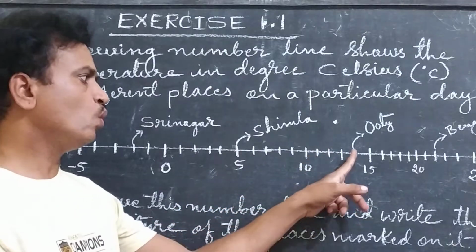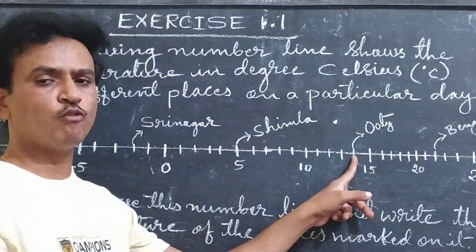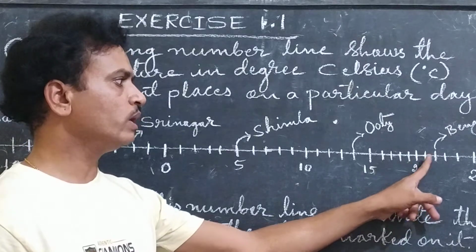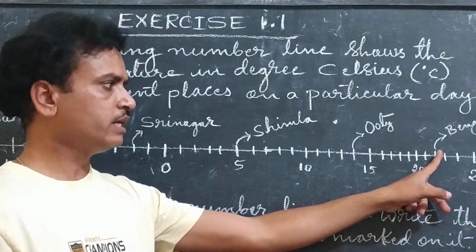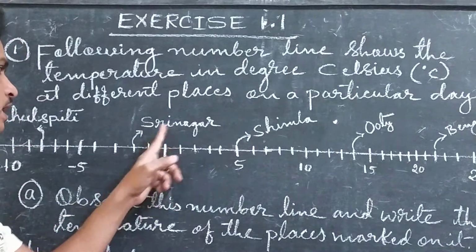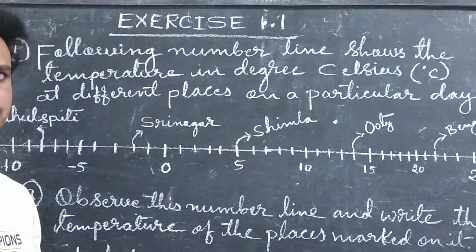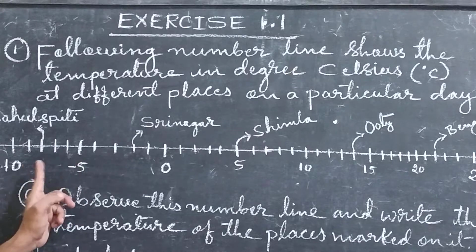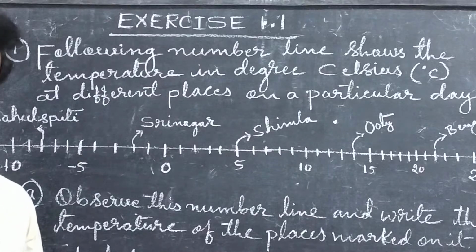Then Ooty, near 15, is 14 degrees Celsius. Then after 20, 21, 22, Bengaluru is 22 degrees Celsius. On this side Srinagar is minus 2 degrees Celsius. Then Lahaul Spiti, after minus 5 we take minus 6, minus 7, then minus 8 degrees Celsius.